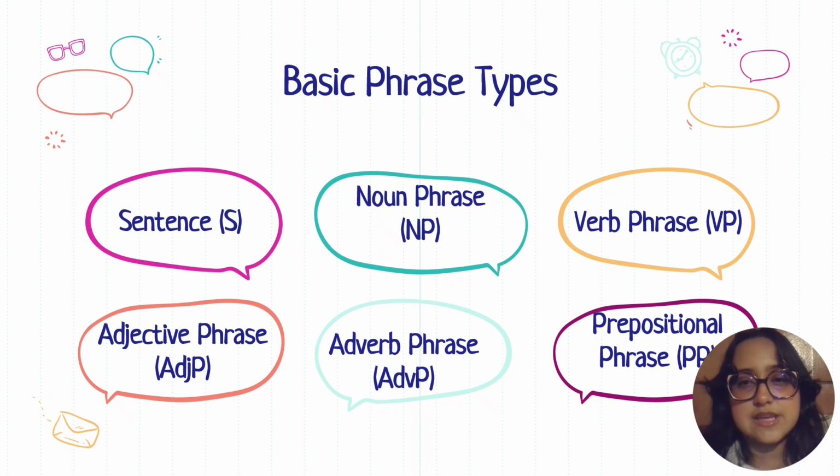Adjective phrases can also be only an adjective or an adjective and a noun. An adverb phrase sometimes is only an adverb, but it can also be an adverb and a noun. And the prepositional phrase is the preposition and a noun in this case.